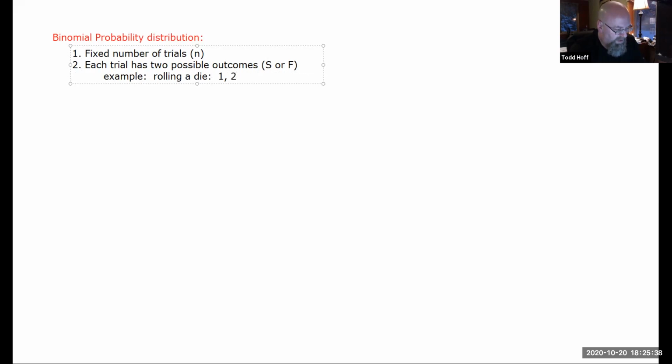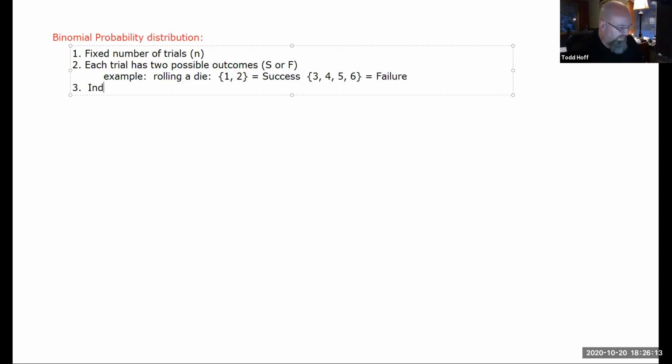You define a 1 or 2 equals success, and then you could define 3, 4, 5, or 6 equals failure. So even though there's more than 2 possible results, we've split them into 2 categories so that there really are only 2 outcomes.